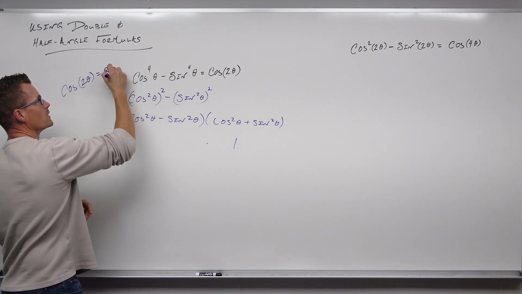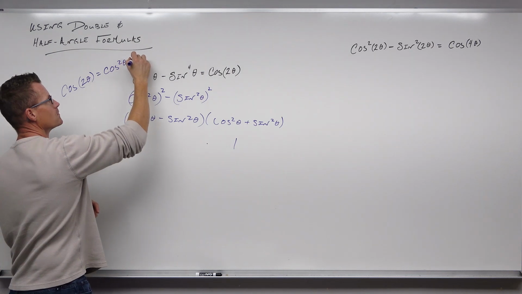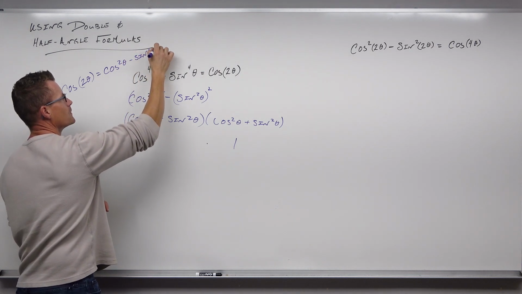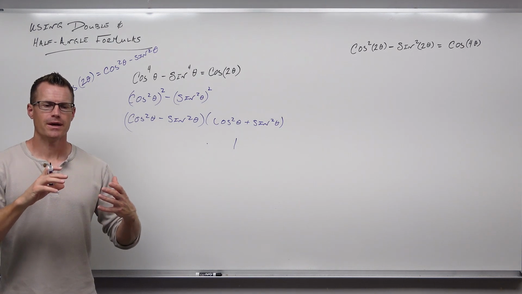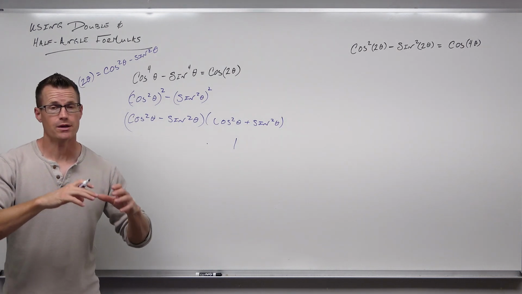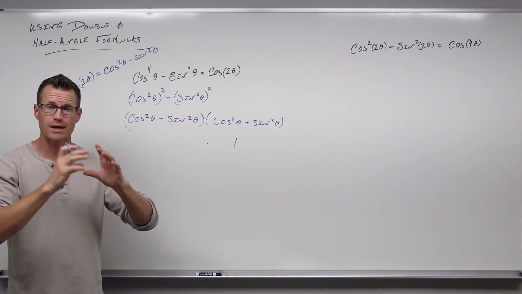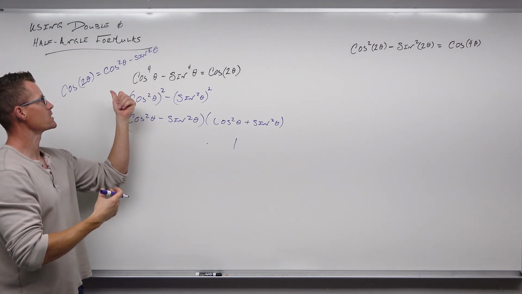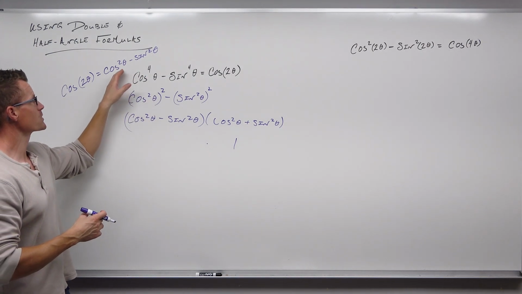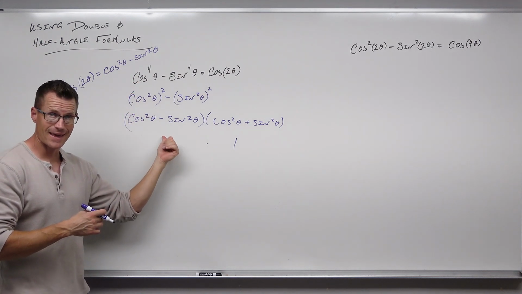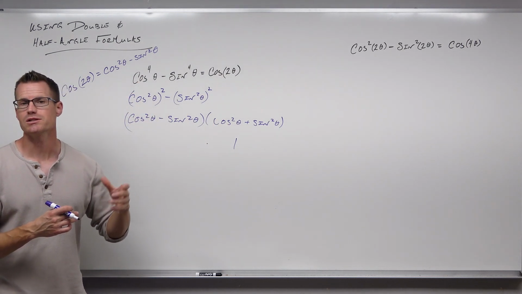The first one was exactly what we see here. So that's a big point. These formulas, they're not just one way, they go both ways. So if you have cosine 2 theta, sure, you could write it as cosine squared theta minus sine squared theta. But on the other hand, if you have cosine squared theta minus sine squared theta, like that, you could also write that as cosine 2 theta.